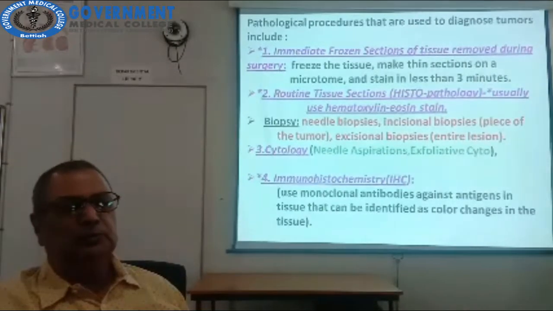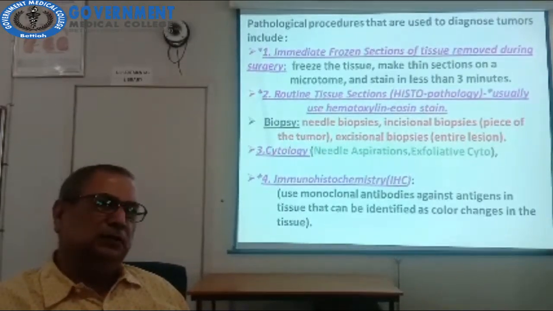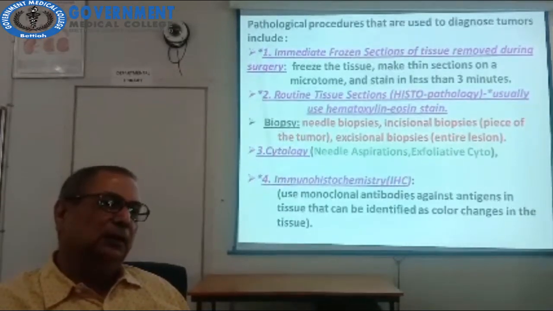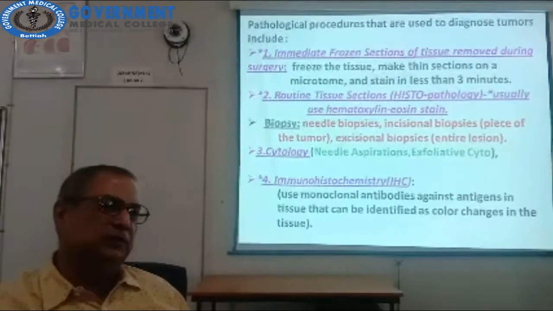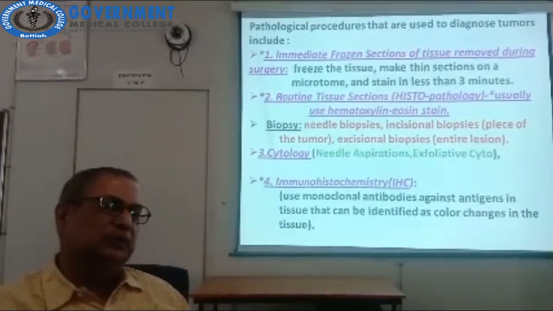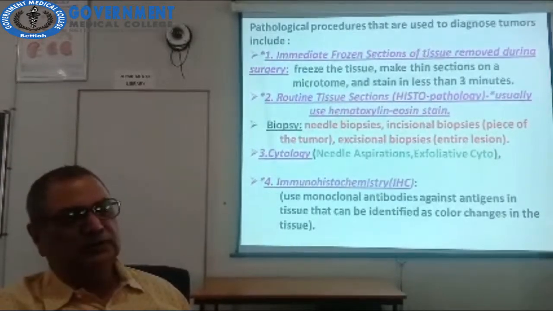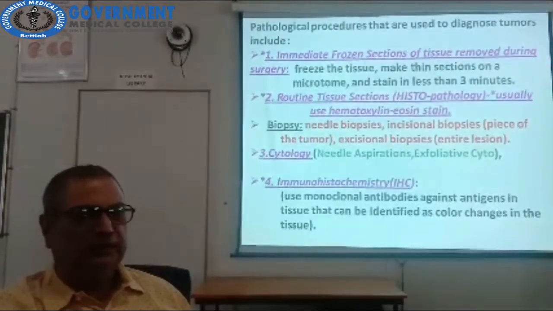So these are the exfoliated cells, the fallout cells from the cancers, because due to loss of contact inhibition the cancer cells are loose and drop into the corresponding sites. The cells are taken from those sites and examined, which is called exfoliative cytology.